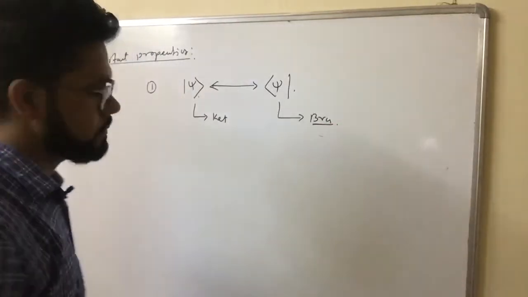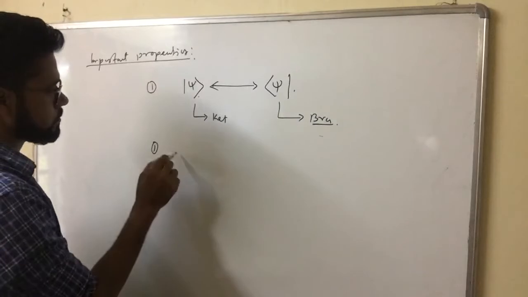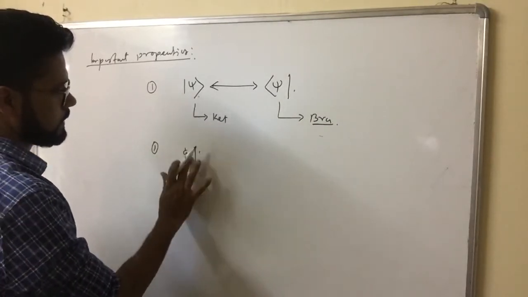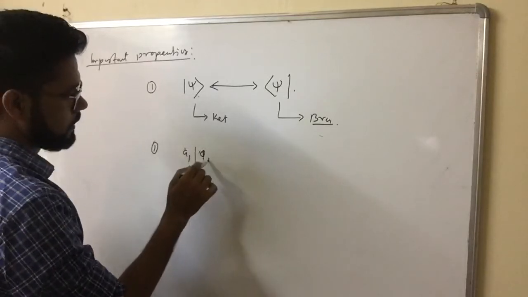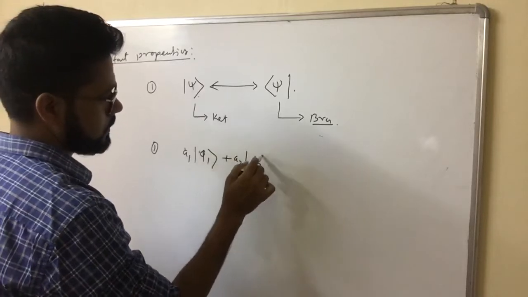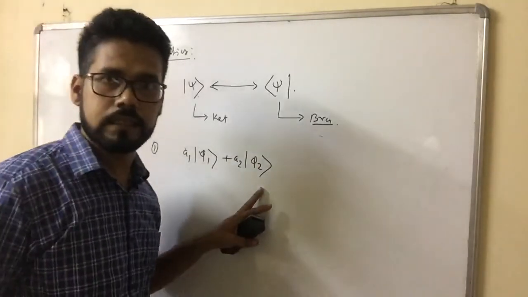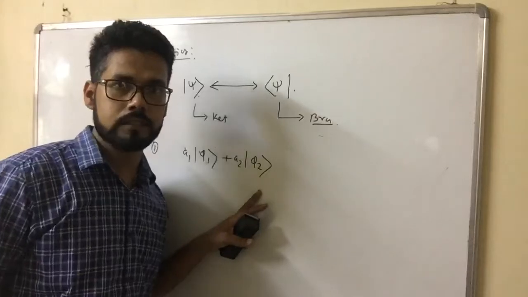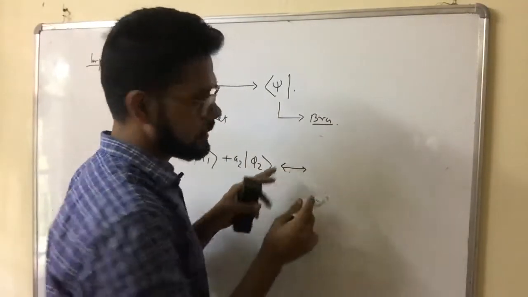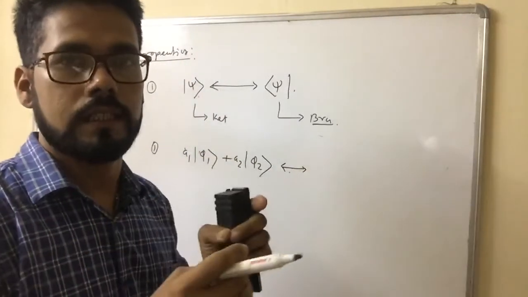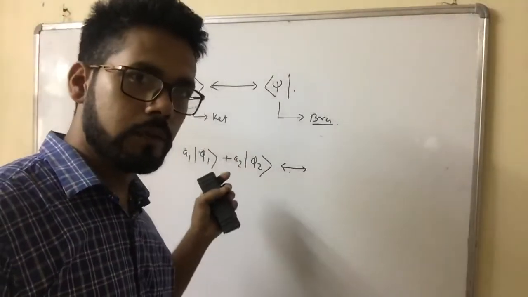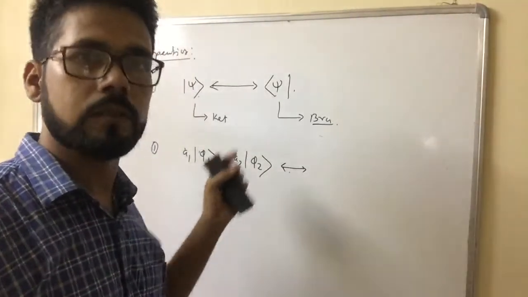Suppose I take a1 phi 1 plus a2 phi 2, a basis-vector expansion of any wave function in terms of kets, and it will have a corresponding bra. This works in both directions: every bra has a corresponding ket, or every ket has a corresponding bra.